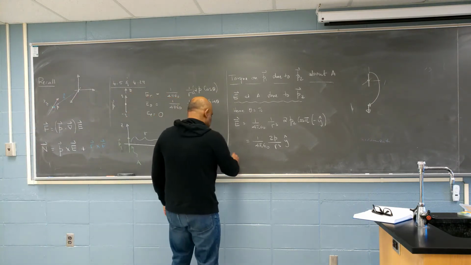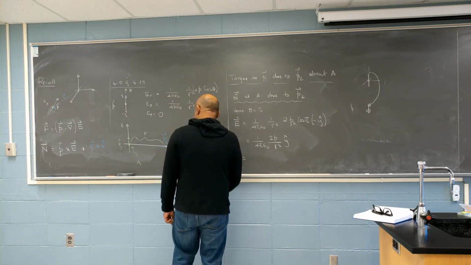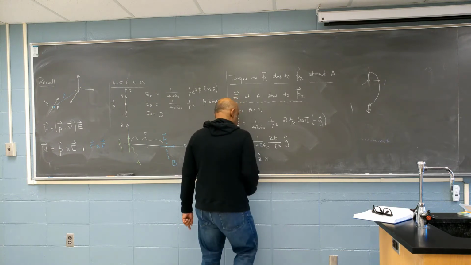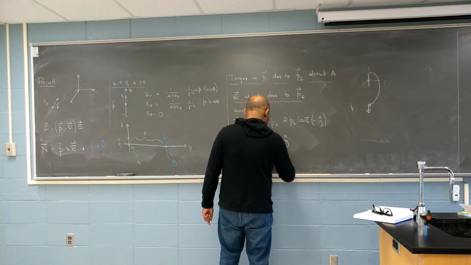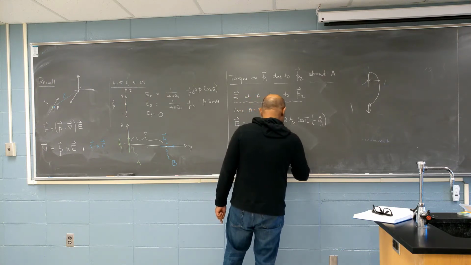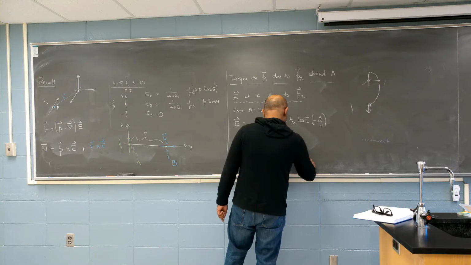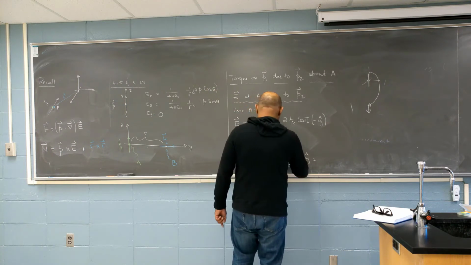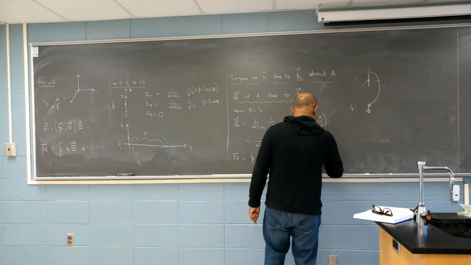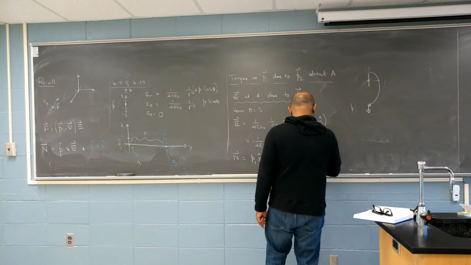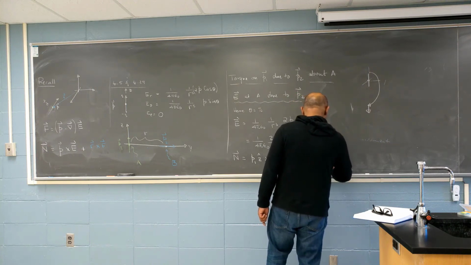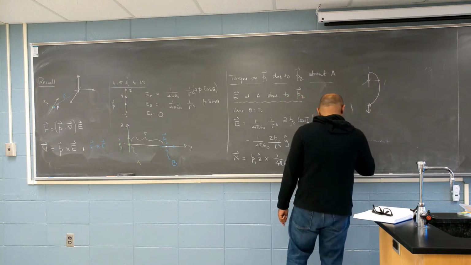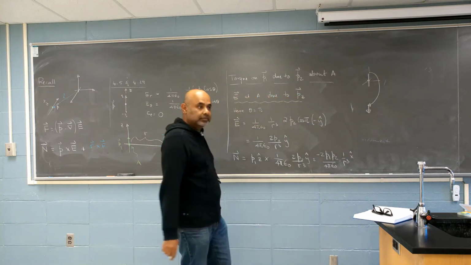Okay, so let's compute the torque. It is P1 z hat cross 1 over 4 pi epsilon naught 2p over r cubed y hat. Nope, this cannot be p, it's P2. So 2 P1 P2 minus 4 pi epsilon naught 1 over r cubed x hat.